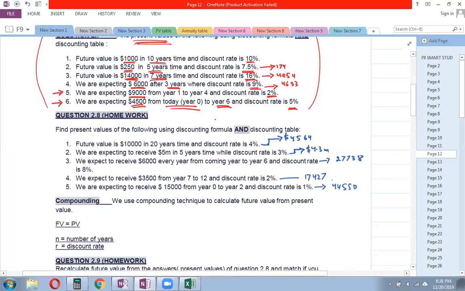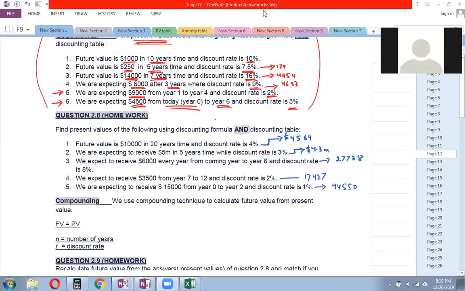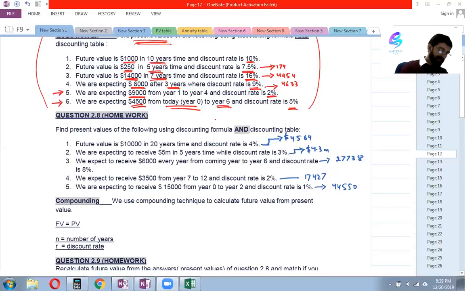Now we will do something opposite of discounting, right? And the opposite of discounting is what we call compounding. Now, what is compounding? Compounding is quite similar to discounting. I mean, the calculation is going to be almost the same.